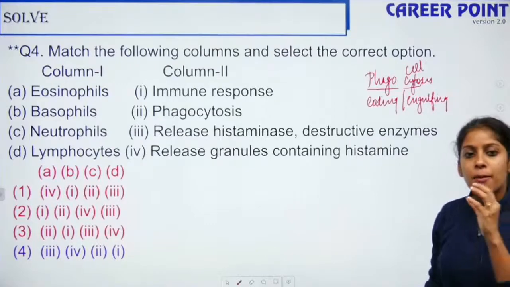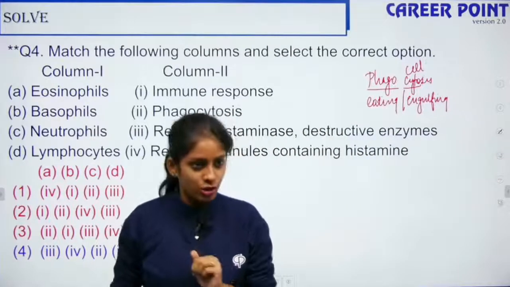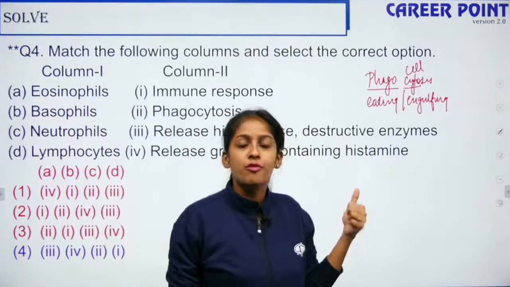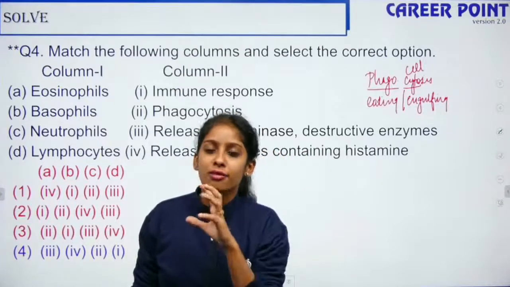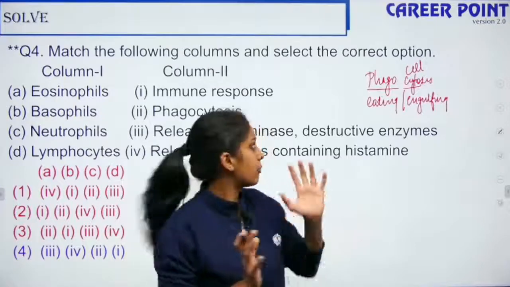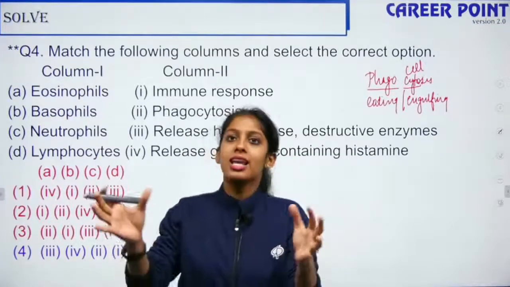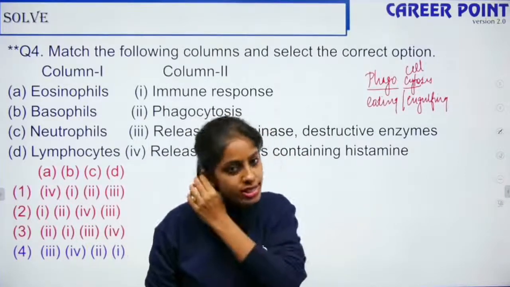There will be some particular cells which carry antigen without their knowledge, but the function of your T cells or some of your lymphocytes is to track these cells which carry a surface antigen, and these neutrophils or phagocytic cell captures those cells and destroys them. That is known as phagocytosis.